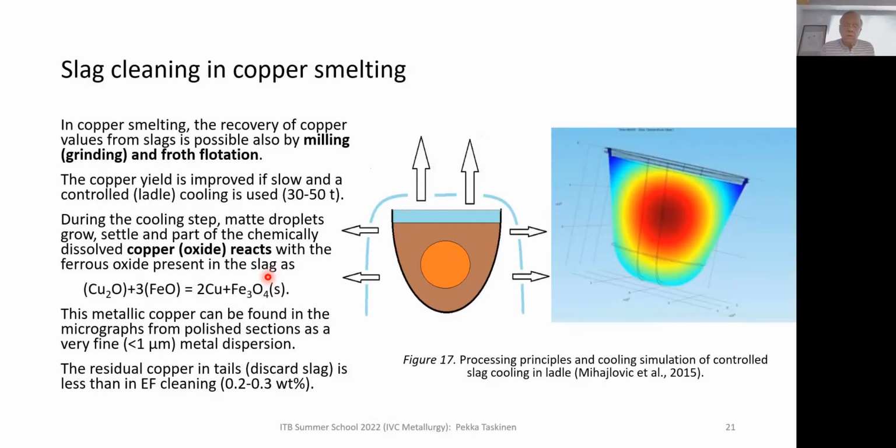They are the fine dendritic magnetite dispersion seen there, and this reaction, in addition to generating magnetite, also generates very fine copper dispersion in the slag, and those copper droplets are typically finer than 1 micrometer.